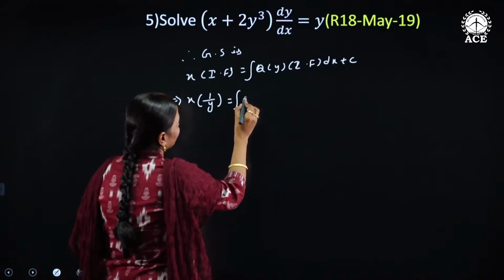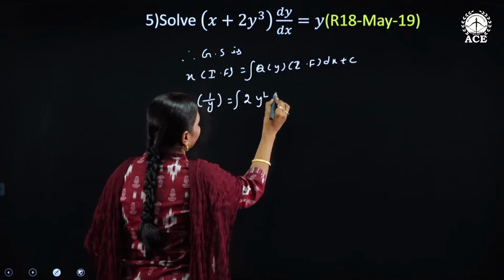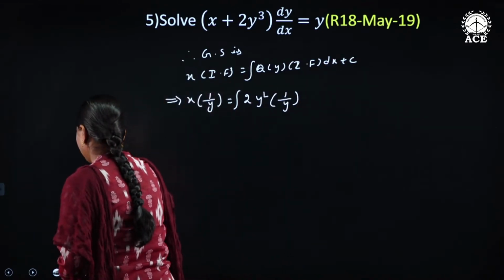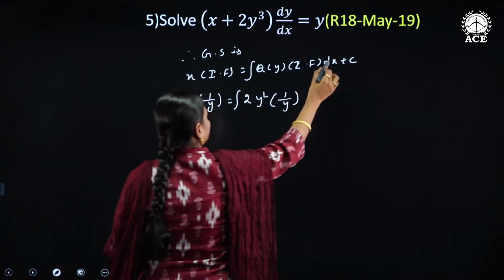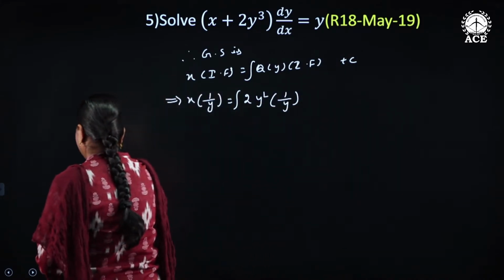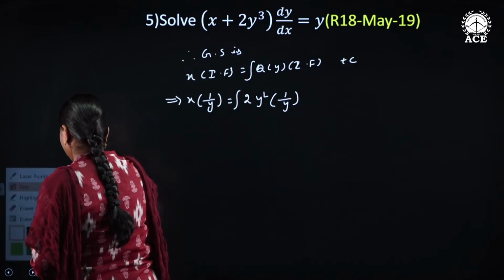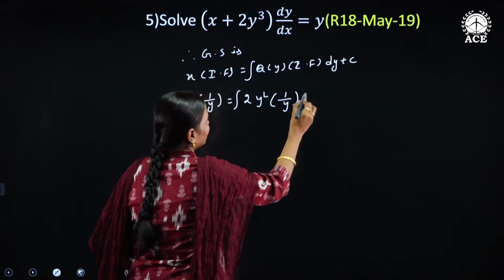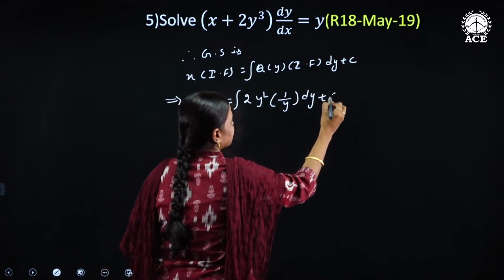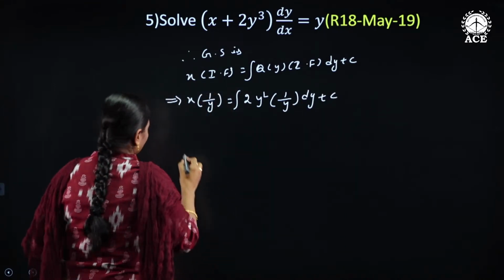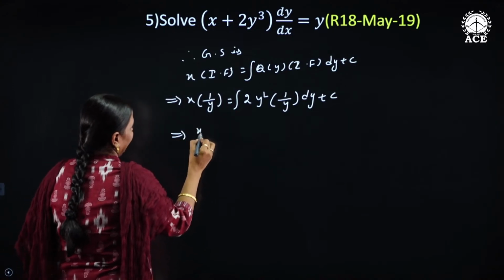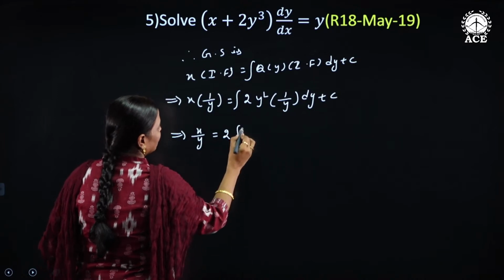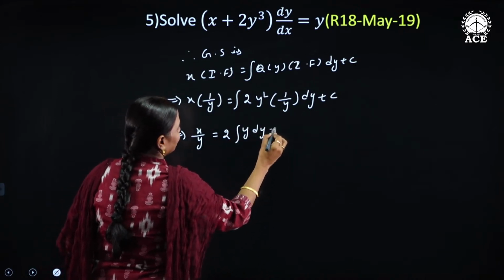into integrating factor 1 by y, into dy plus c. Simplify this: x by y is equal to 2 into integration of y into dy plus c.